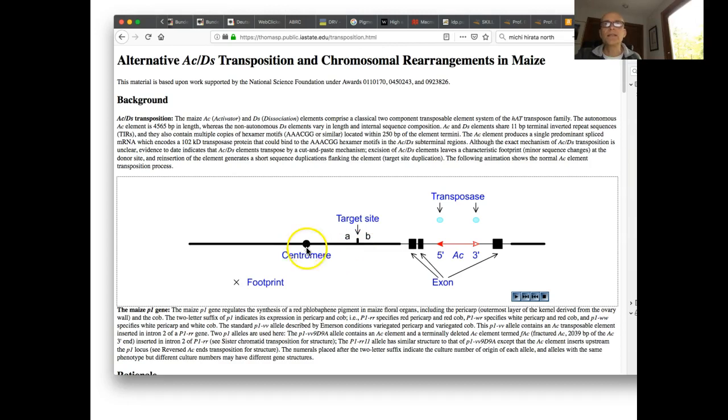Happens to be the centromere, happens to be here. And this is the target site according to this graph. Now, the target site is only known in retrospect. As I said, they looked at mutants, they sequenced them, they knew that this transposon later on was found here. And so therefore, they called it the target site even in the unmutated version.